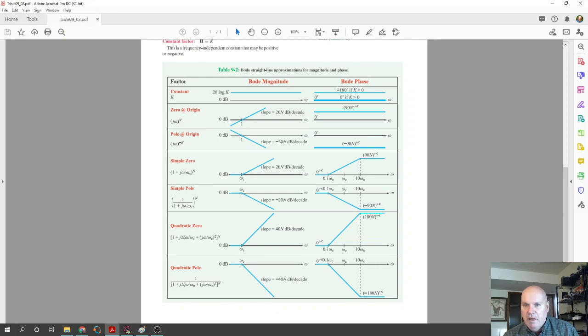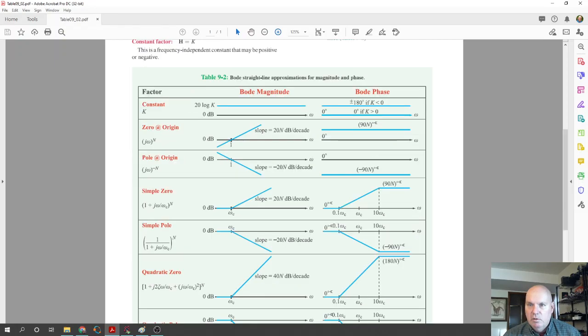So this is what that page looks like. Again, we're only doing the Bodie magnitude plots here, so you don't have to worry about the Bodie phase graphs. But a constant would be a constant on the Bodie magnitude plot. If it's just a constant k, to convert that into dB, it's just 20 log of that value.